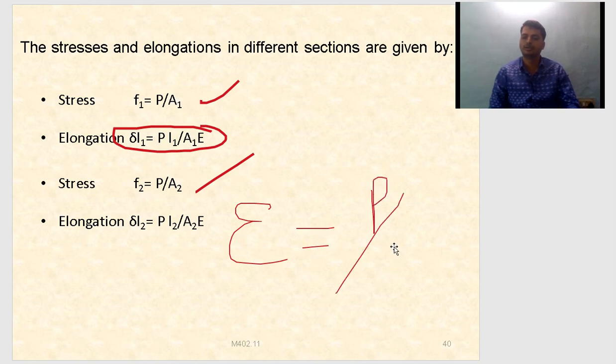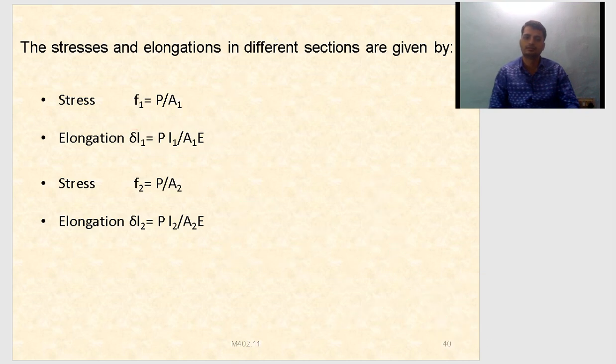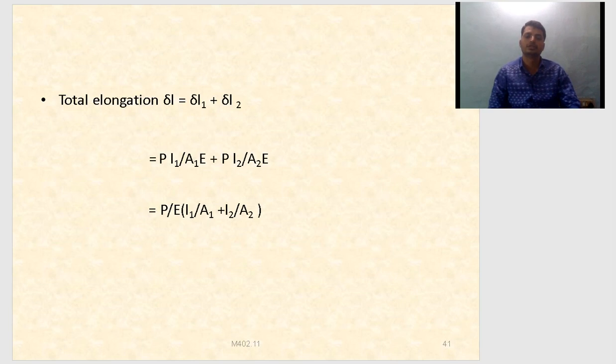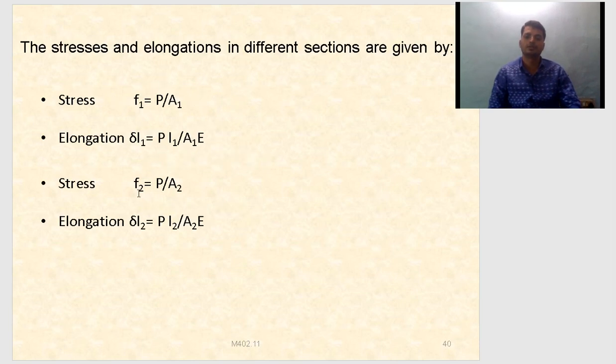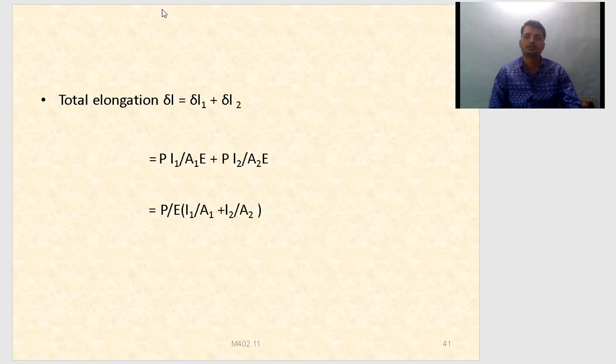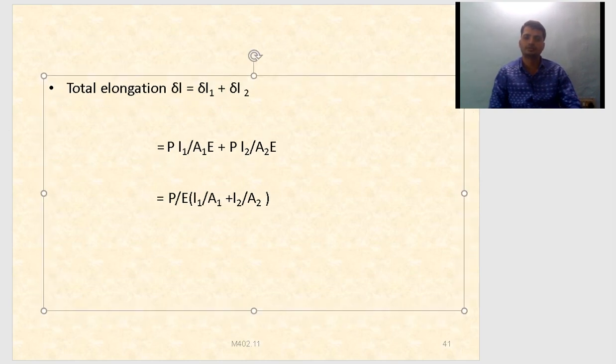Hooke's law states that stress is P by A, and elongation is sigma L by E. So here are the stress and elongation formulas. Total elongation is the elongation in the first material plus the elongation in the second material.